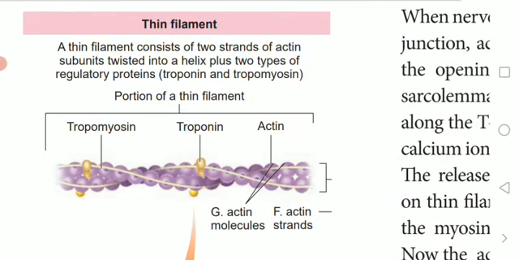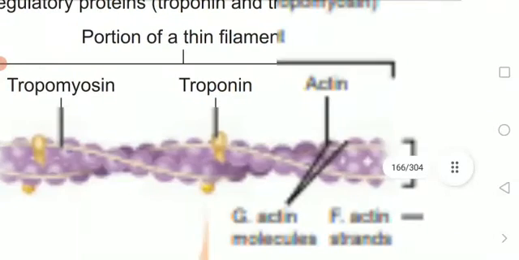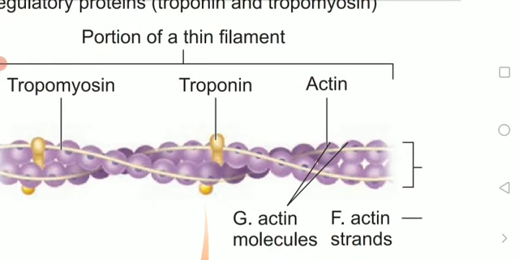The filamentous form is F-actin. Each thin filament is made up of two F-actins helically wound to each other, spirally coiled. This is the structure of actin.